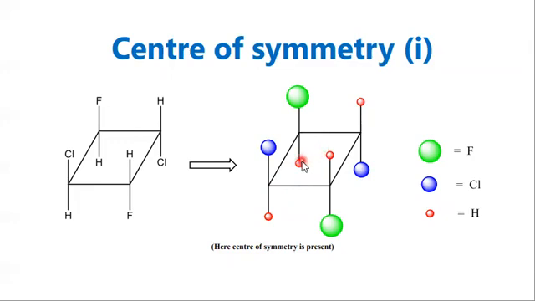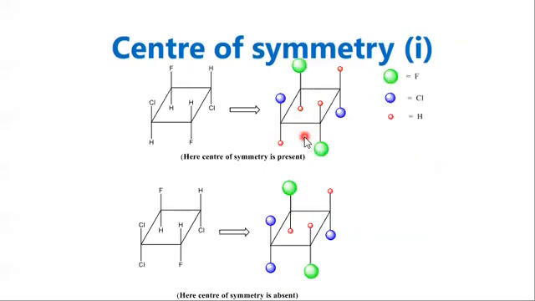It is important in centrosymmetry that all the atoms should meet these criteria. Even if one pair of atoms deviates from this, then that molecule does not have a centrosymmetry. So you can clearly understand this concept from this slide.